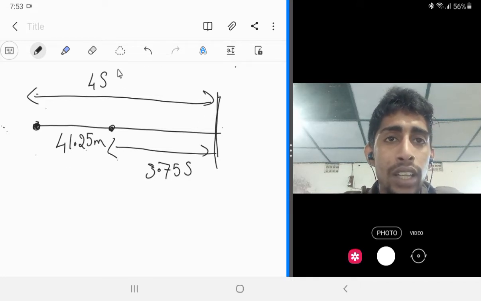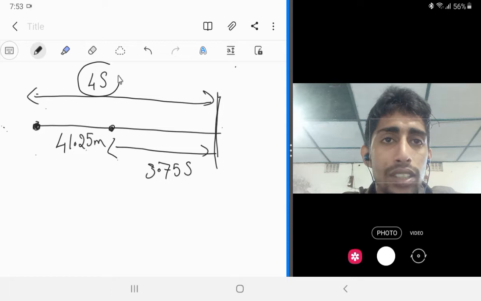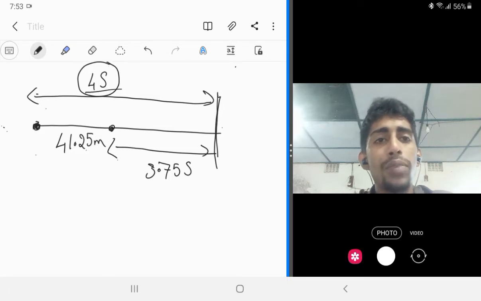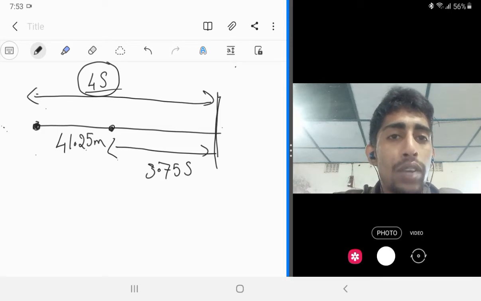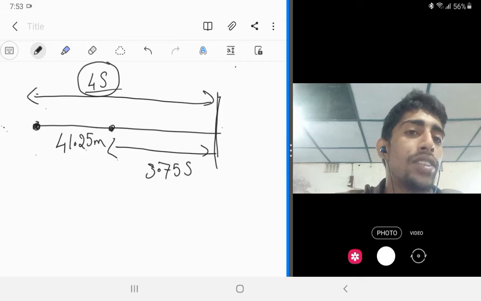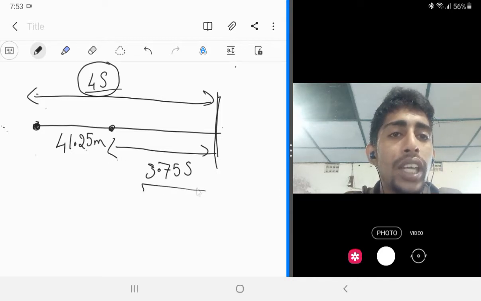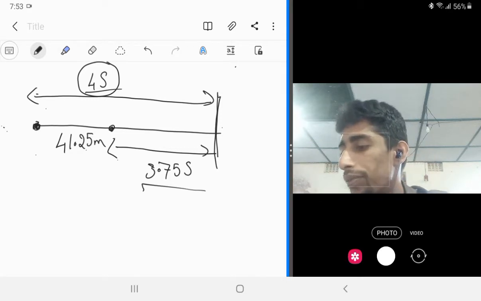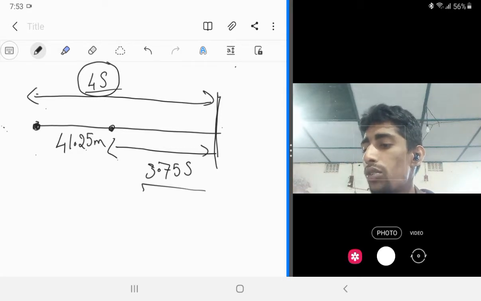Sorry, there was a mistake in here. It is not 0.4 second, it is 4 second. So after he moves 41.25 meter closer to the cliff, he hears the echo after 3.75 second.